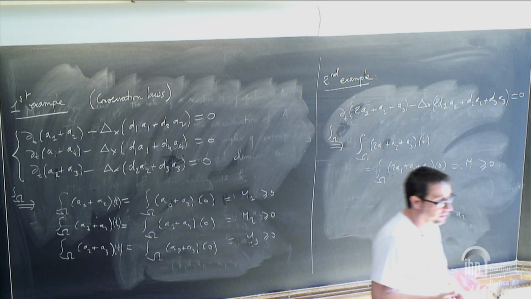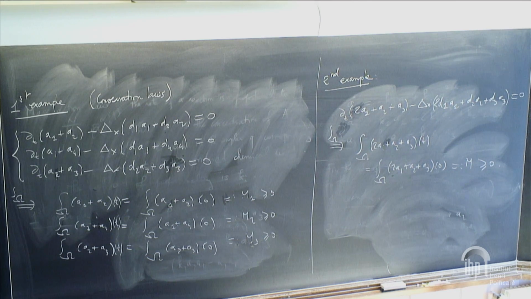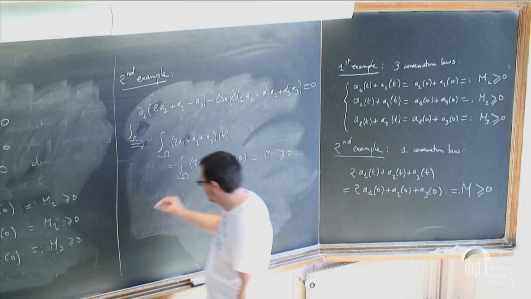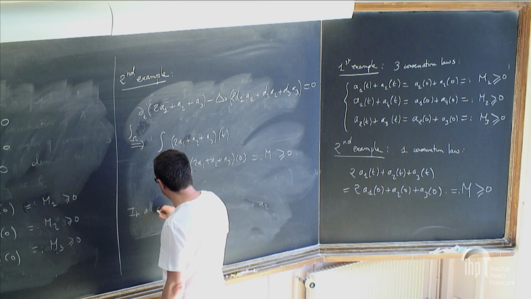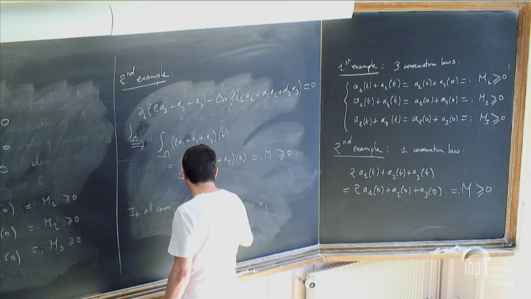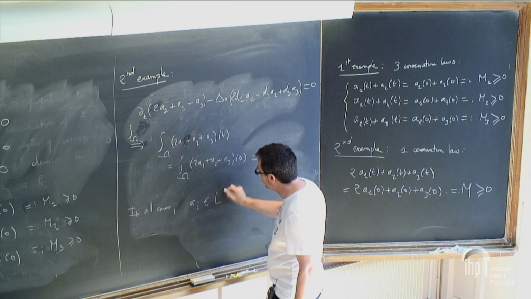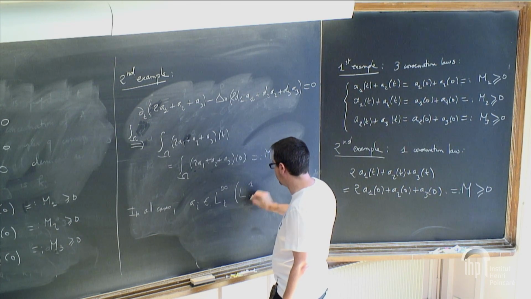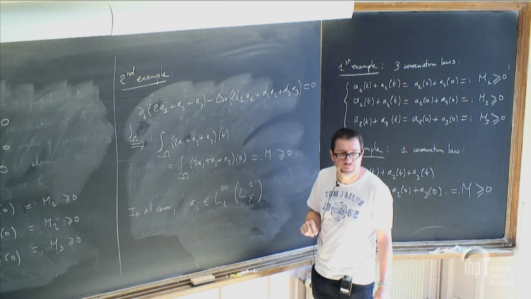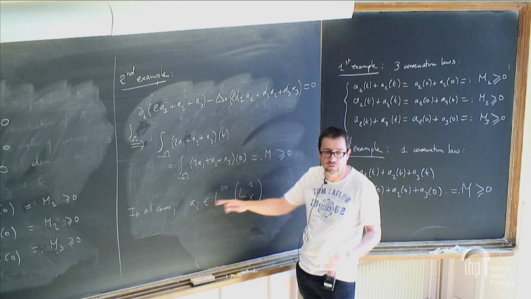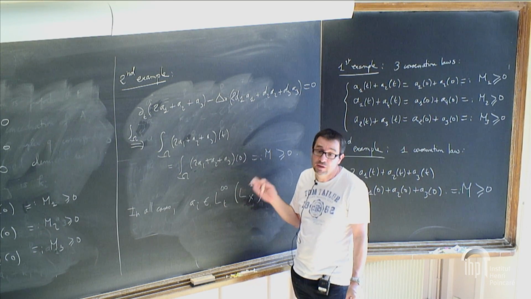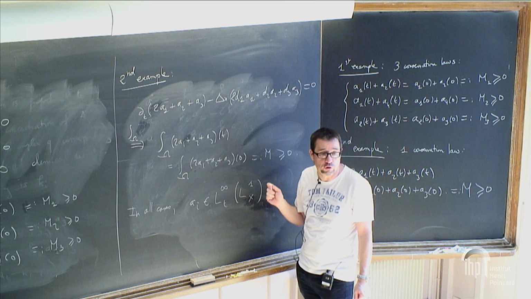Since all the A_i are non-negative, you get an immediate a priori bound for the system, which is that in all cases, A_i lives in L infinity in time with value in L1 in x. Okay? So this is an estimate that you get immediately because of the conservation laws. Okay?